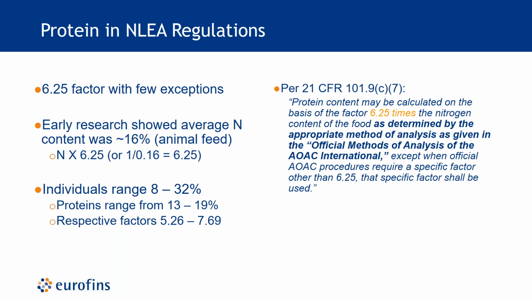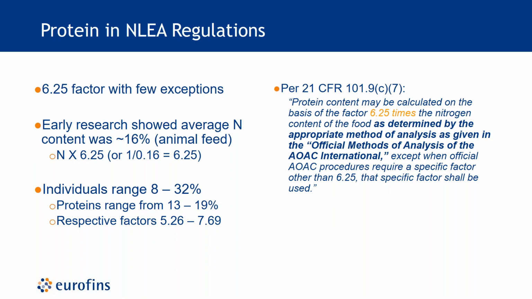And with this approach, you're basically assuming that nitrogen is exclusive to amino acids found in protein, and it's not. There is naturally occurring nitrogen that is not bound in proteins, and great examples of that are free amino acids, nucleotides, creatine, choline. These are all things that are considered non-protein nitrogen.